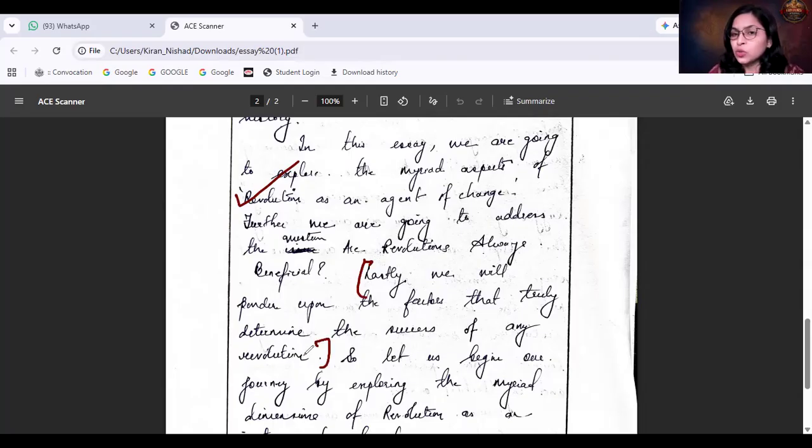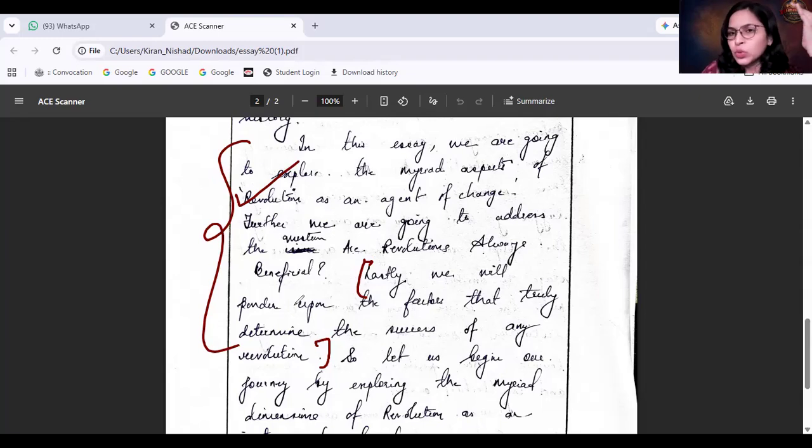So I'm going to explore, okay, what are the factors that actually make any revolution successful and long lasting. Okay, so in this manner, what I have done in this paragraph, I have written the flow of my essay. That in this essay, a reader is going to expect this flow.